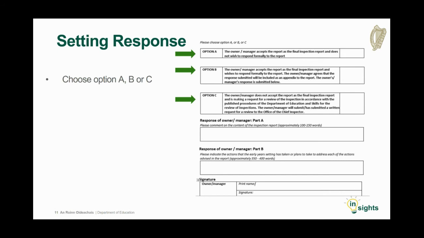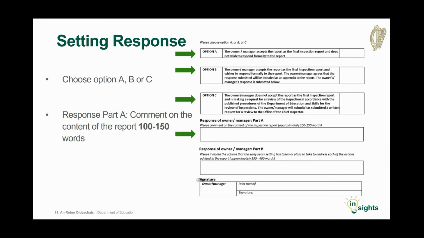Response Part A allows your setting to comment on the content of the report. It is important to note here that individuals such as practitioners, children and inspectors may not be named in the setting response. Also, comments on the inspection process may not be included in a setting response.